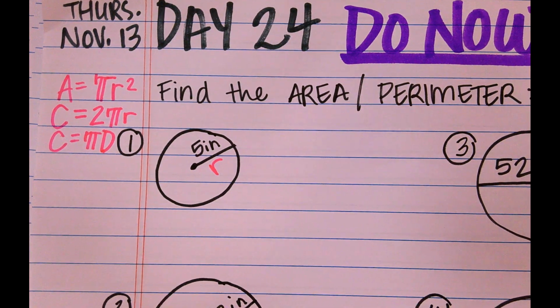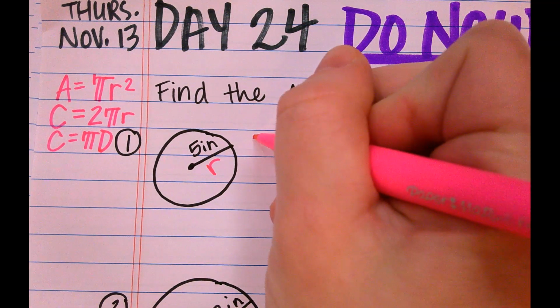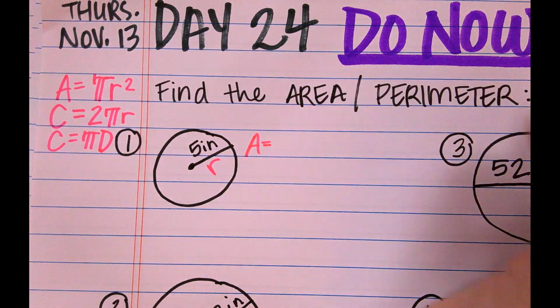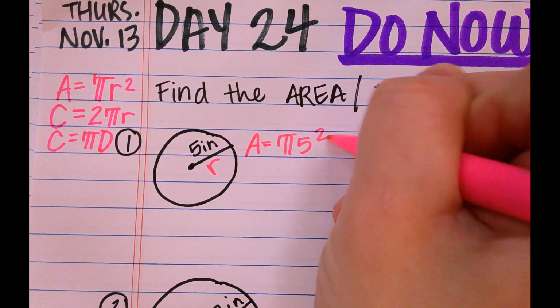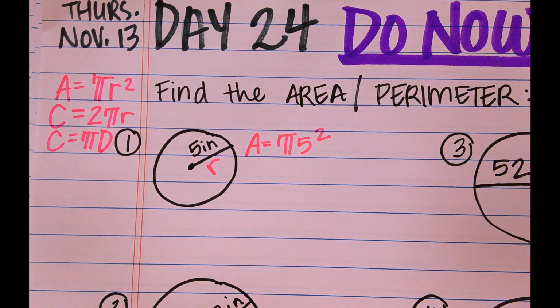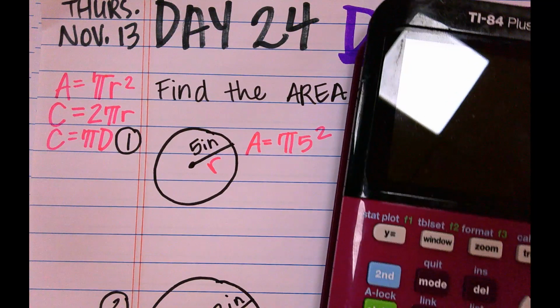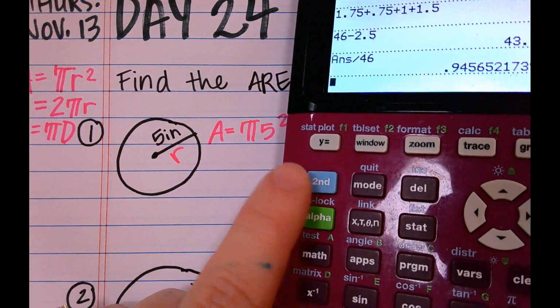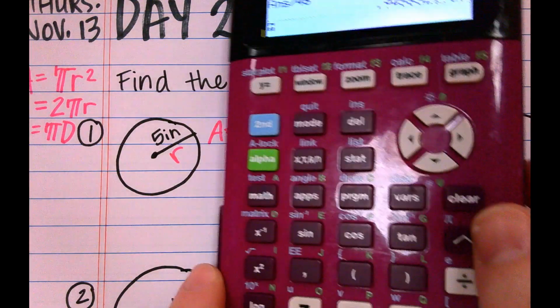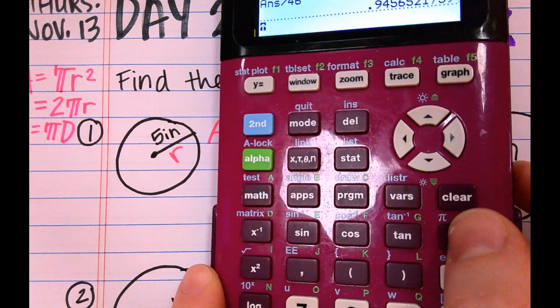So I know I have a radius. How do I find my area? I take pi times 5 squared. Perfect. They give you 78.53 inches squared. Again, to find pi, we hit second and the up arrow above the division symbol.